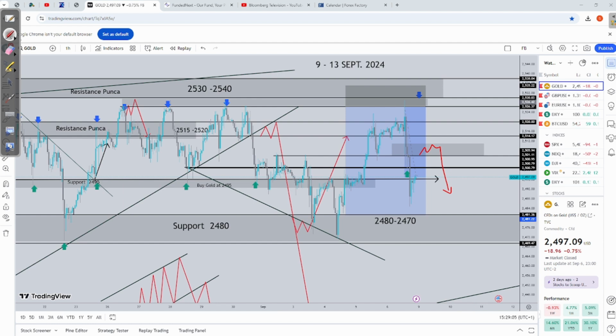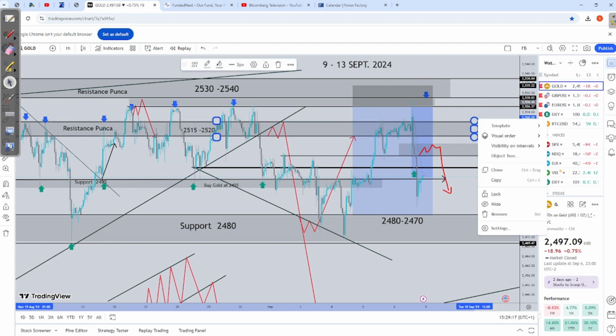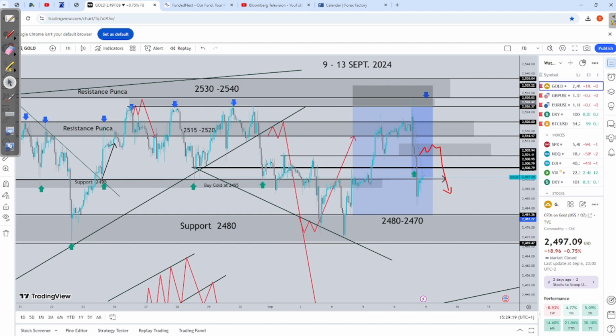You can see that we have one here. You can also work with this one too, if possible. Do you understand? So these are the things we can work with as the correction, but I want to go with this one, and then the market will start dropping.